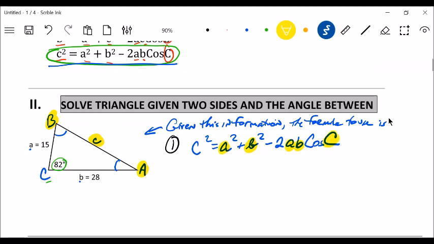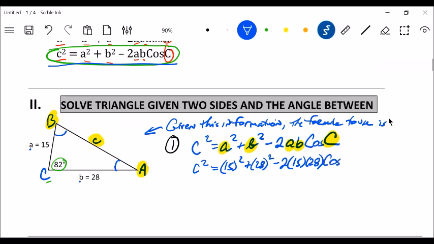We know A and B, and we know the angle C. So all we have to do is solve for this. So C squared is equal to 15 squared plus 28 squared minus 2 times 15 times 28 times the cosine of 82 degrees. So now it's a matter of calculating these things.